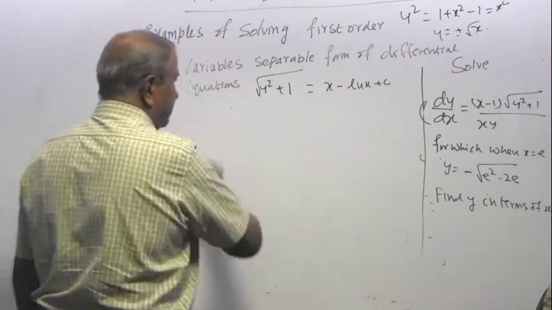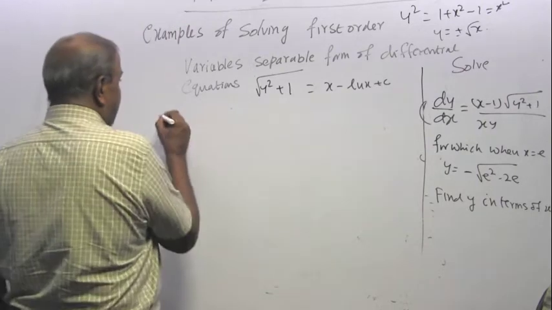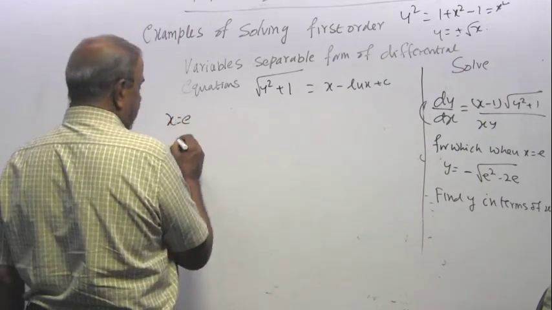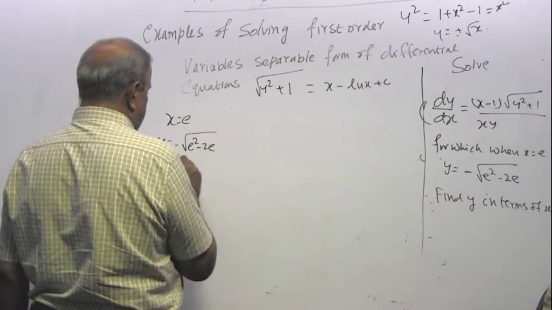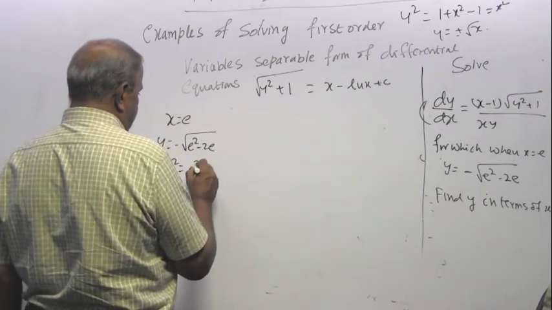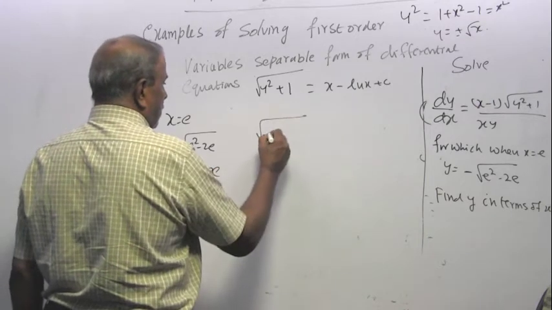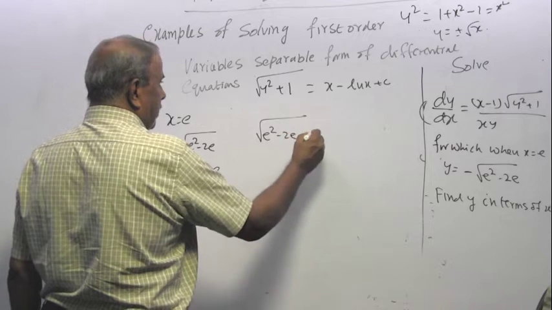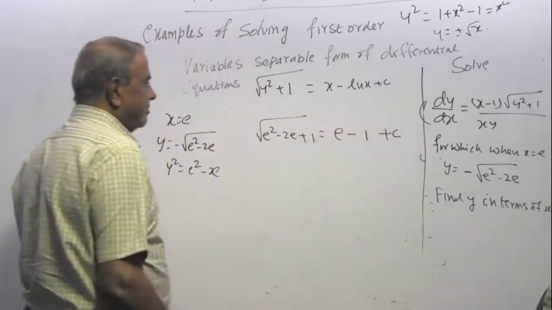Now, initial conditions. x equal to e, y is equal to minus root (e squared minus 2e). So y squared is e squared minus 2e. So root of (e squared minus 2e plus 1) is e minus 1 plus c.